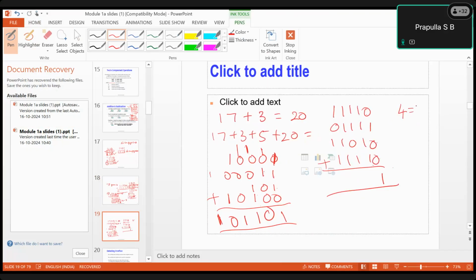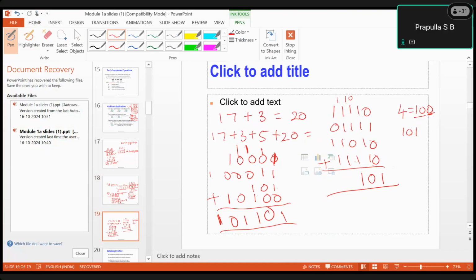How do you represent 4? 1, 0, 0. So the rightmost bit you write here. The leftmost bits, that is 1, 0, you have to carry it. So when you carry this 1, 0 is 2. 2 plus 1 is 3, 4, 5. So 5, how do you represent 5? 1, 0, 1. So rightmost bit I'll put here.